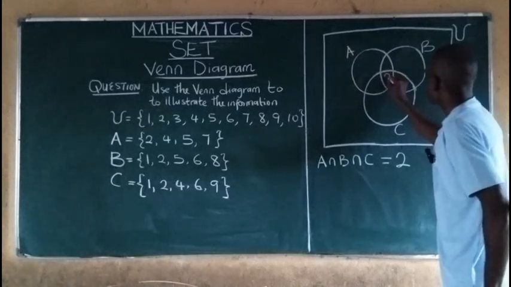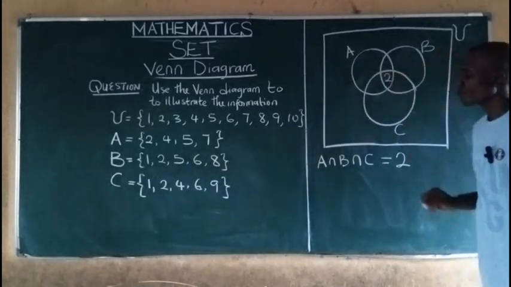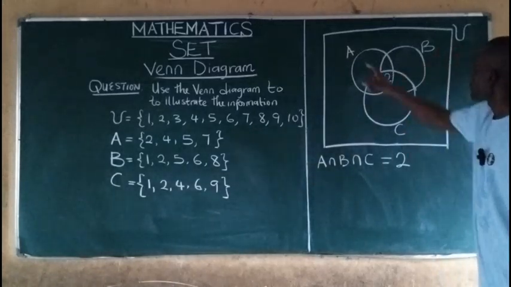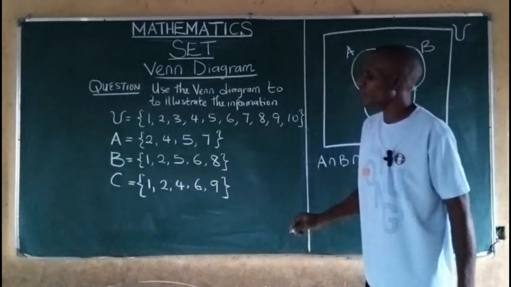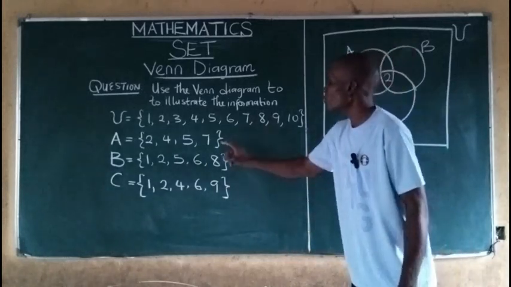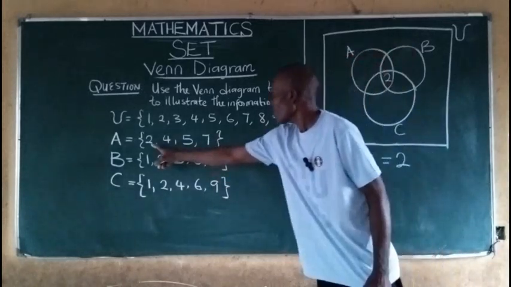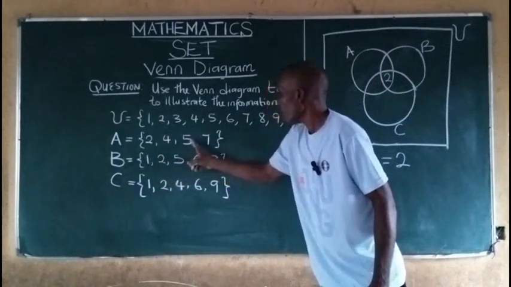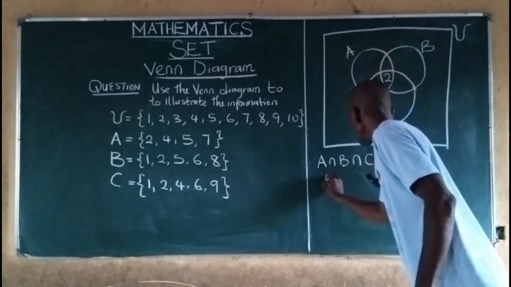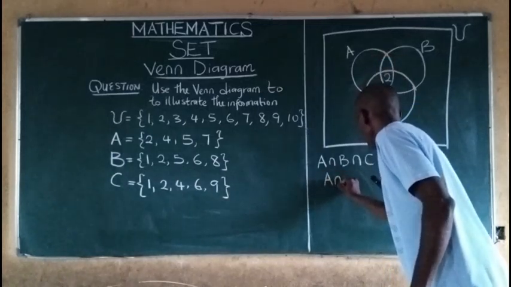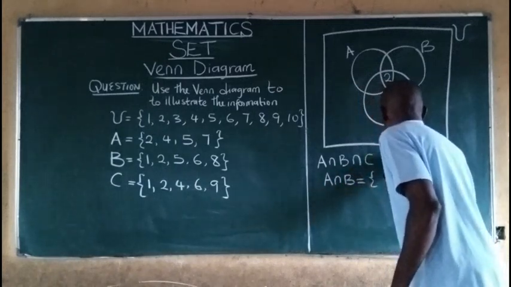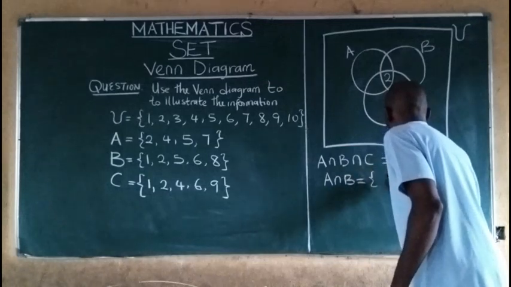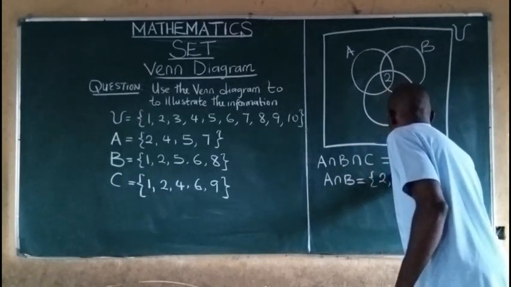We put 2 here. Now, A intersection B means the elements that are common to both A and B. We have 2 is common, 5 is common. So A intersection B is equal to 2 and 5.